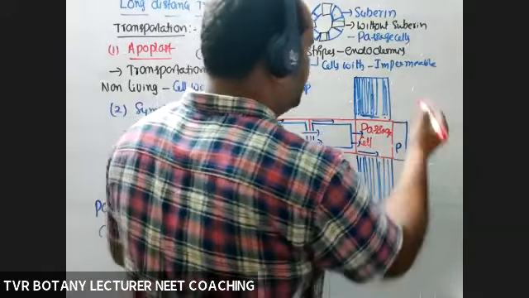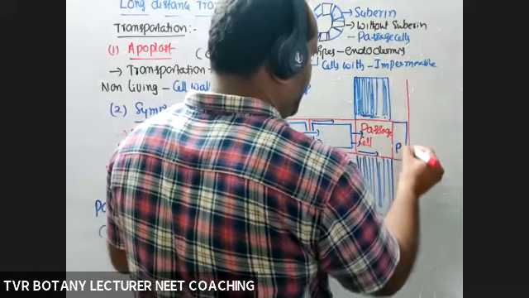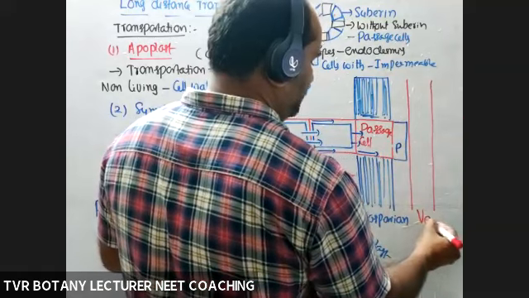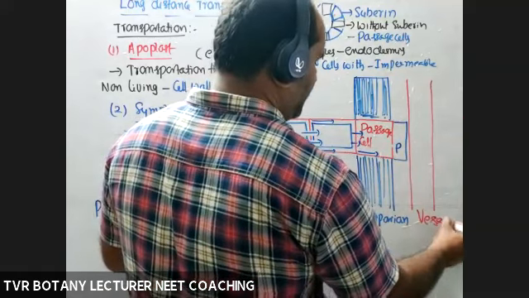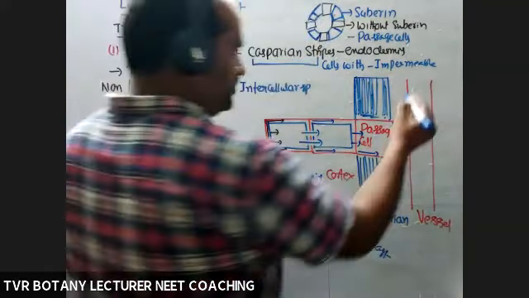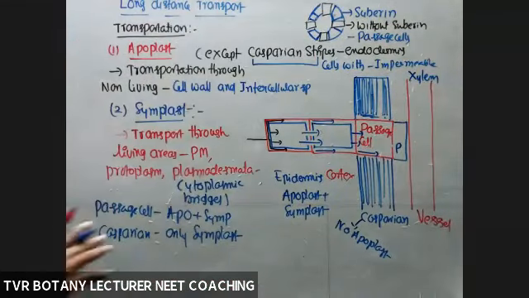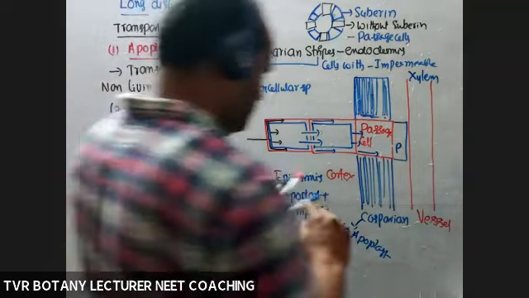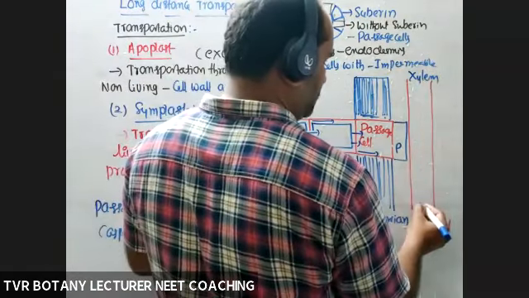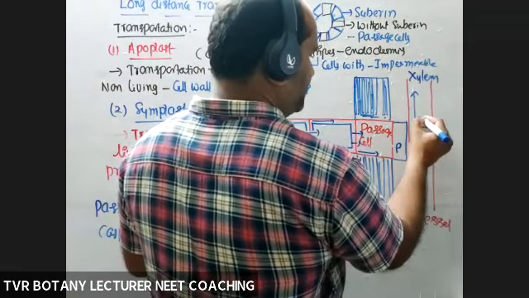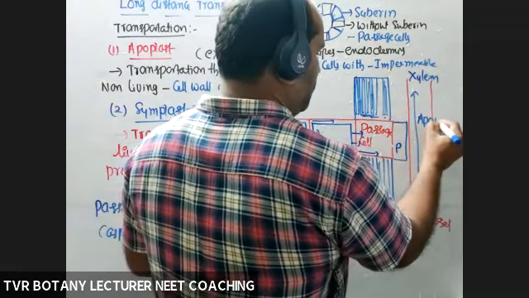Next, after that, this region is the xylem part. For example, this is a vessel or trachea. So this is the xylem part. Once the water is in the xylem vessel, is the movement definitely upward or not? Upward movement. So here it is 100% apoplast only.